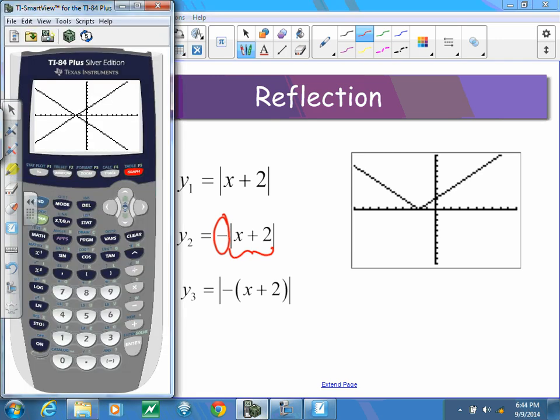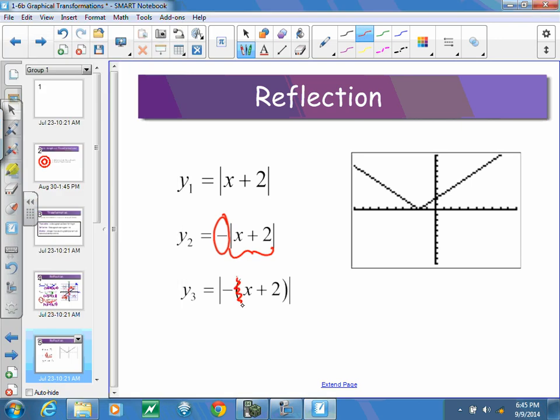So you can probably guess what's going to happen on the next one. I'm going to go ahead and just delete y2 so we can see it. And I'm going to go math. I'm going to go ahead and hit the absolute value. And I'm going to go with negative. And actually, I don't want those parentheses there. Sorry. So get rid of those parentheses.